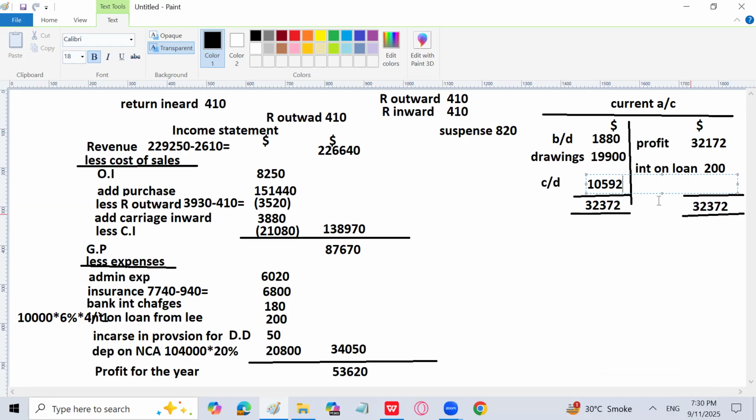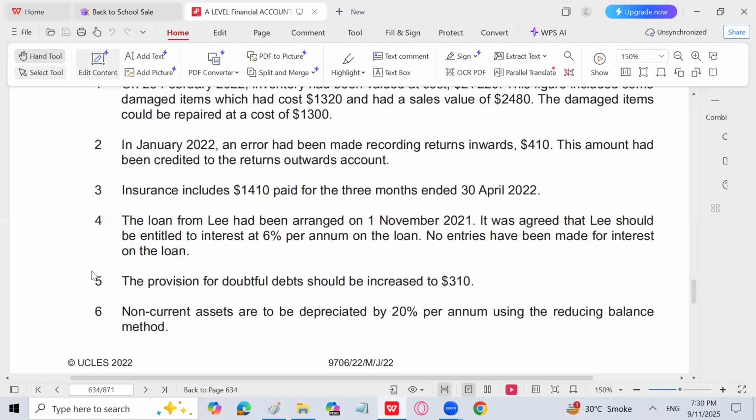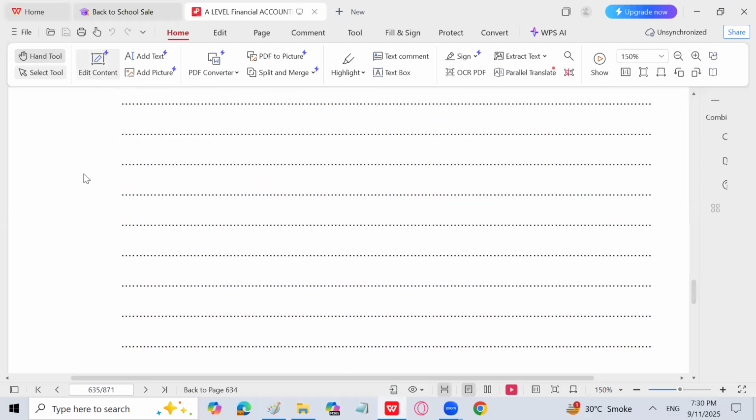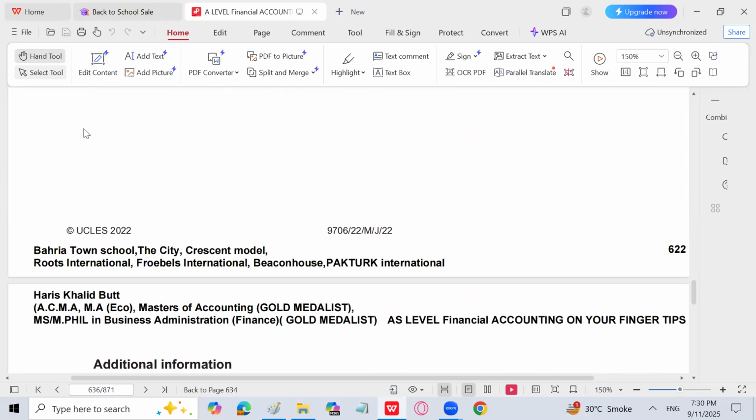Okay. So now I will write it on the brought down here, which is 10592. So we prepared the current account without interest on capital, without interest on drawing, without salaries. Let's see. Income statement we have prepared. Working is even prepared, the current account of Lee. 4 marks are there only.